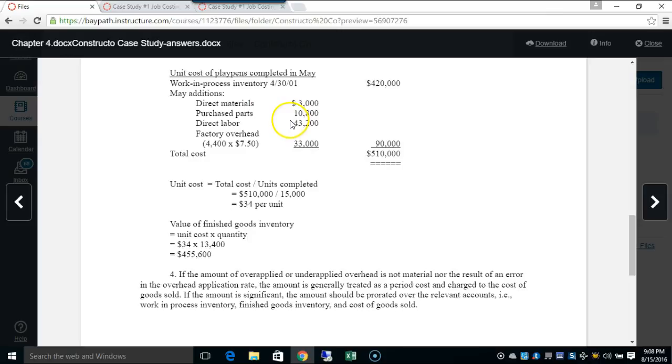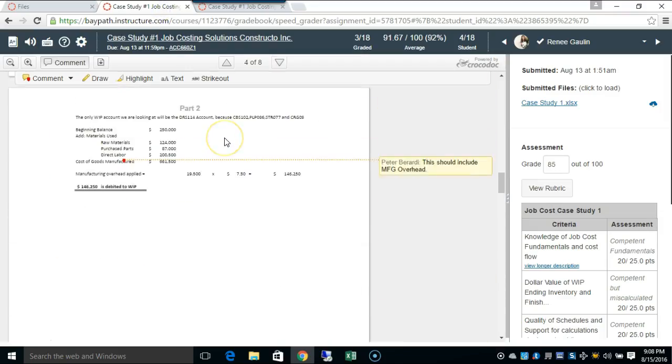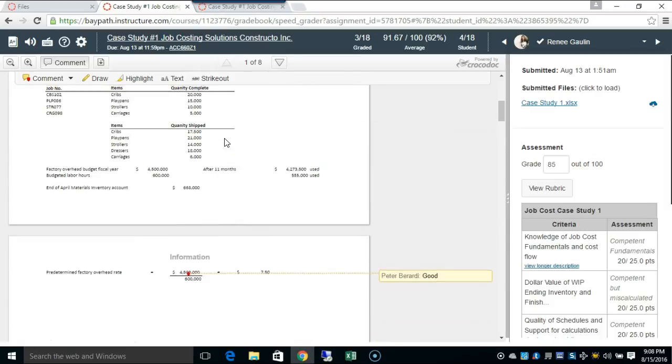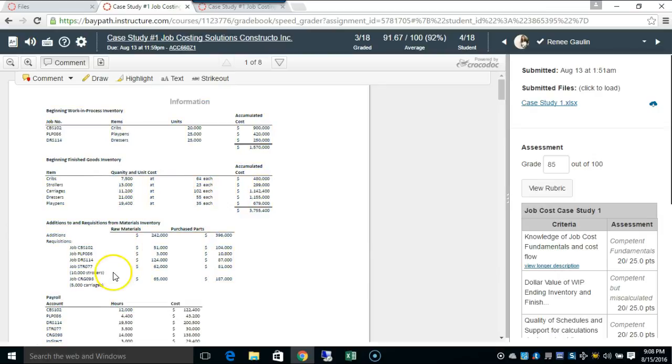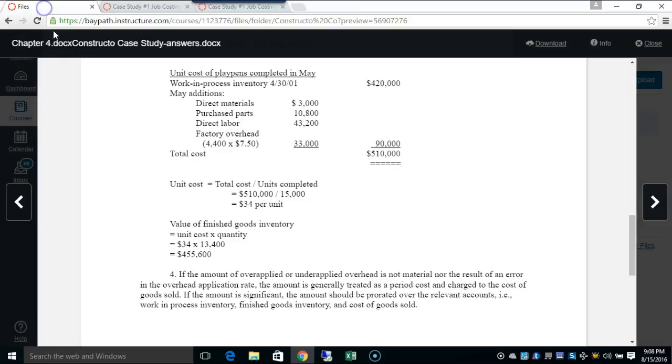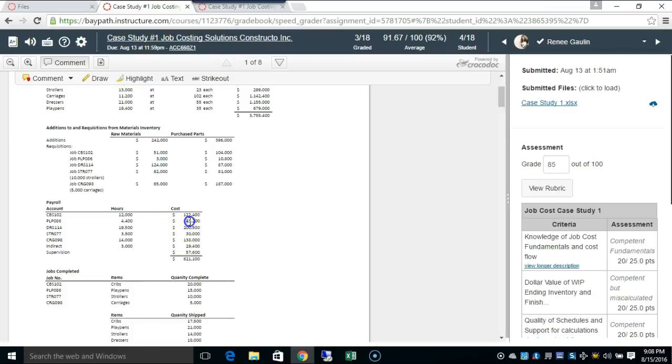Your direct materials, purchase parts are given to you in the problem. So let's find that here. $3,000, $10,800. Direct labor is $43,200, which was given to you right here.